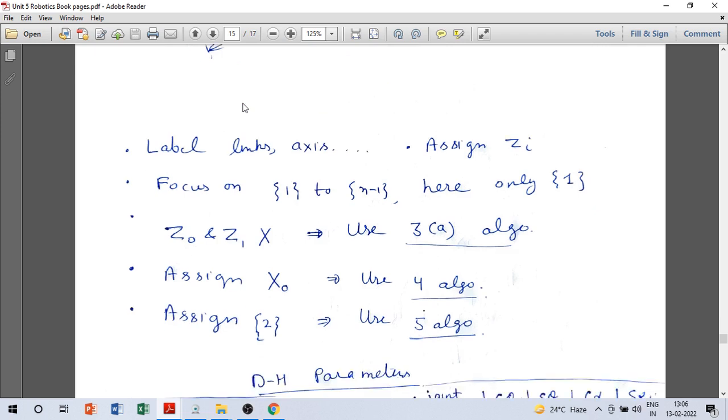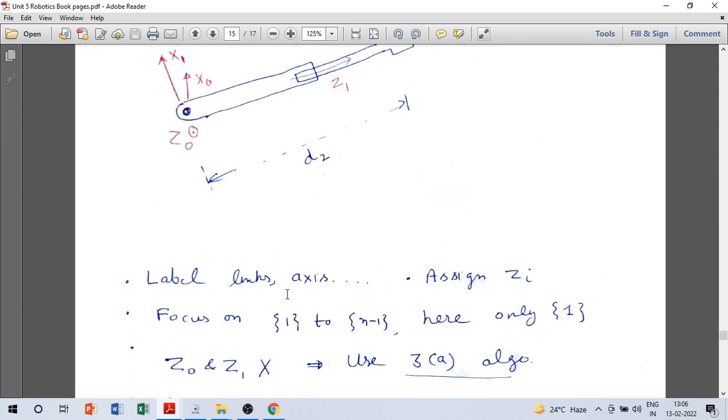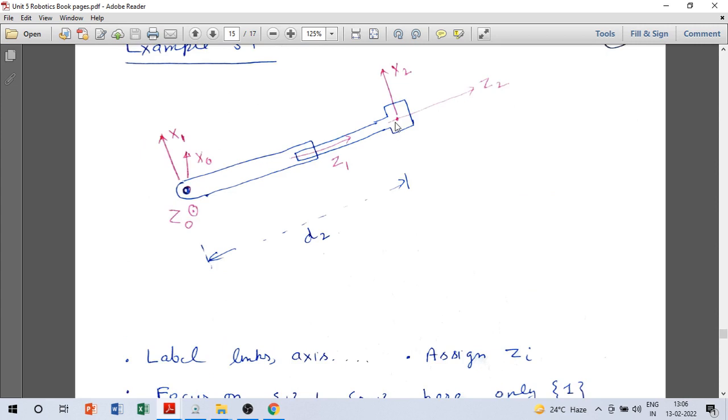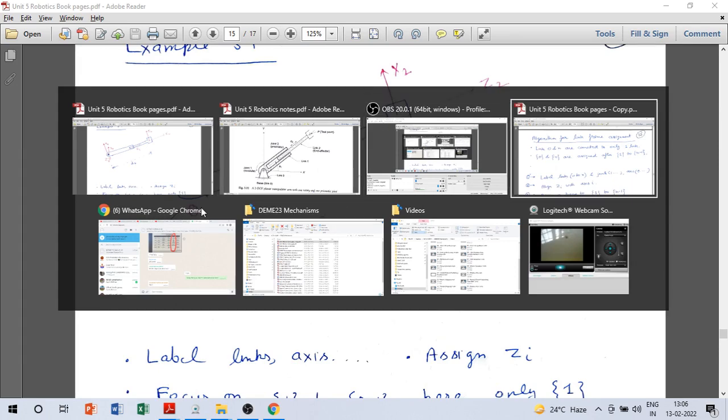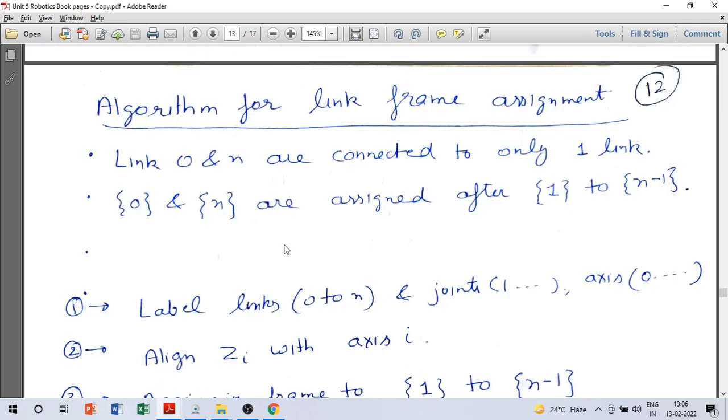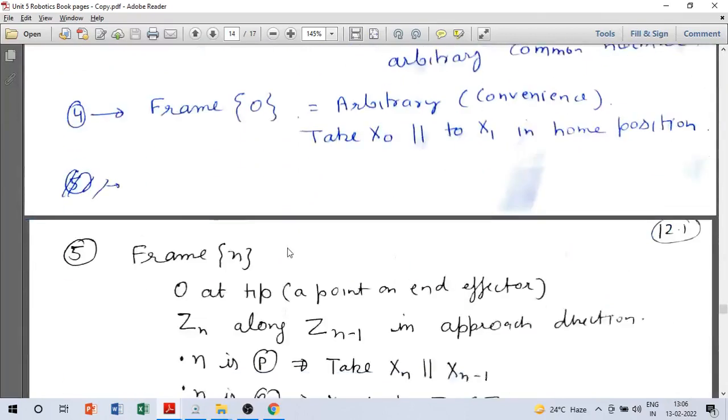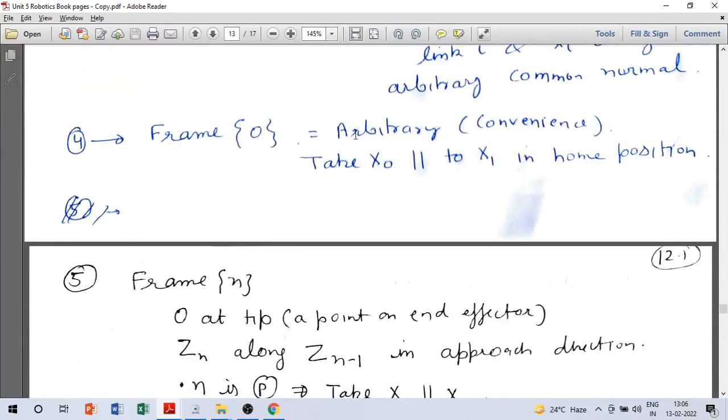Now having done that, we have to assign x0 and x2, for frame 0, and the assignment for the last frame, frame 2. Now for 0, let us again read the step there, what it says. For frame 0, it is arbitrary, but take x0 parallel to x1 in home position.